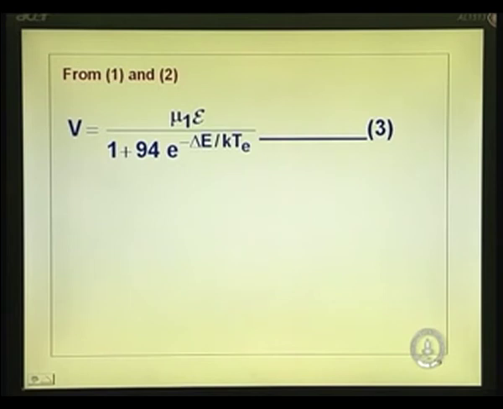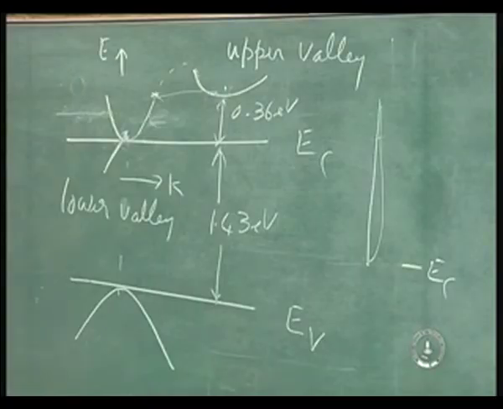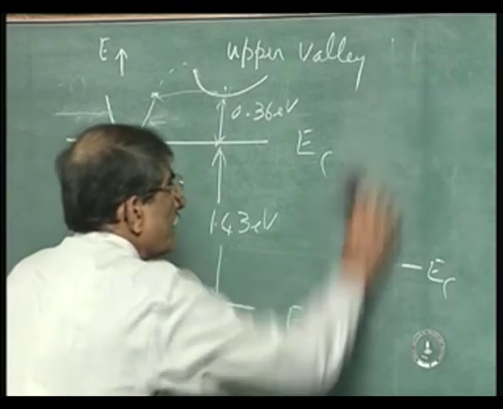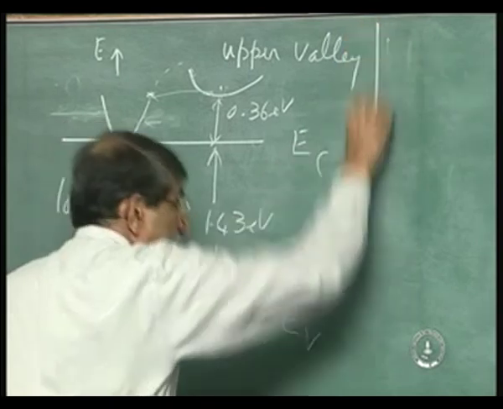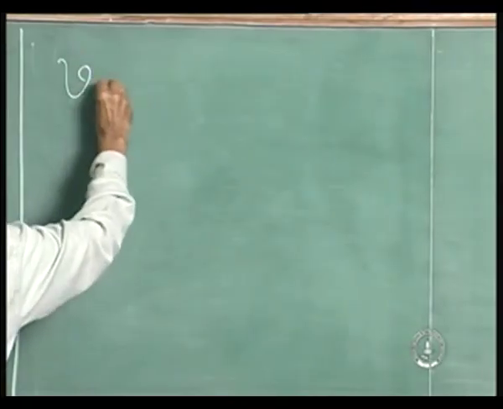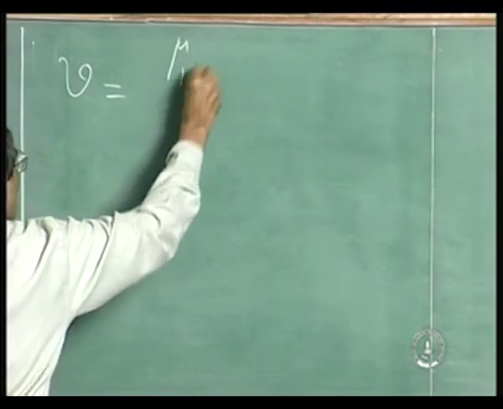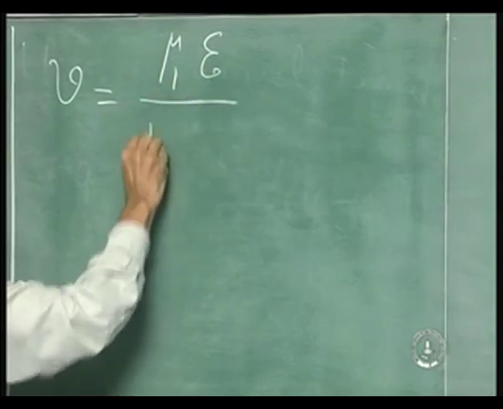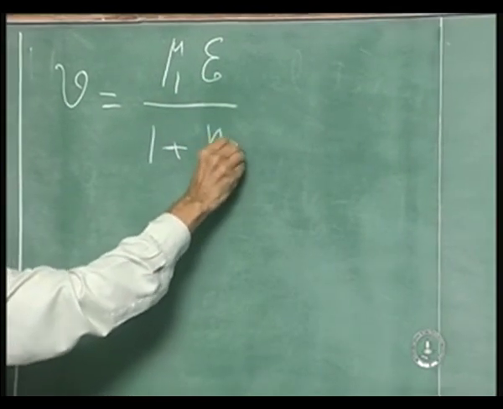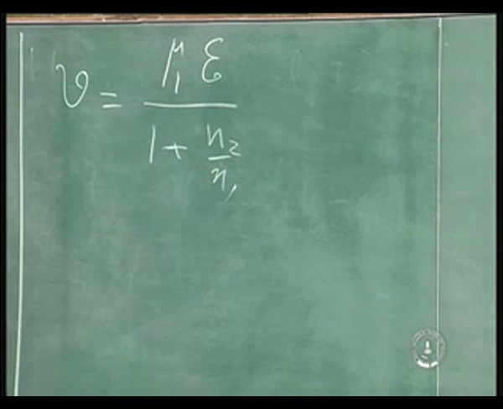Now, if you recall what we did, I will retain that equation. Velocity is mu1 into electric field divided by 1 plus N2 by N1. That is what we did.